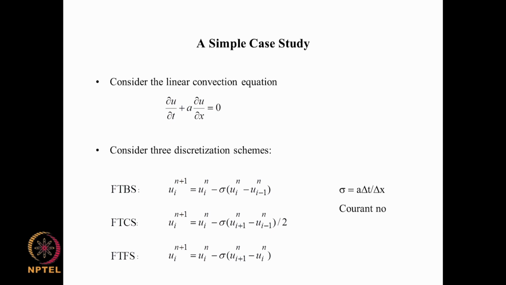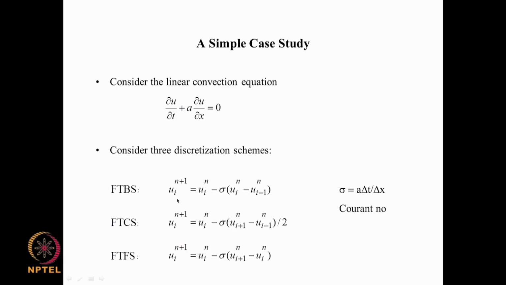So, we are starting with some n equal to 0 values, some initial condition here, and then we are getting ui at n plus 1 at a particular point, and then we are skipping to the next space point and then the next point. So, we march from point to point, and go up to all the points at a particular time step level, and then we move on.